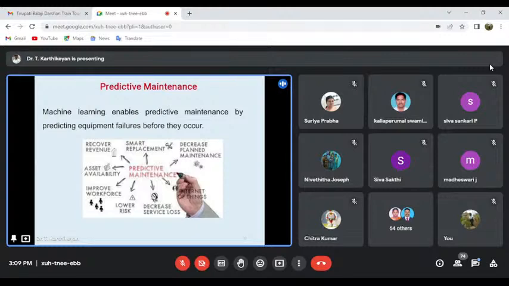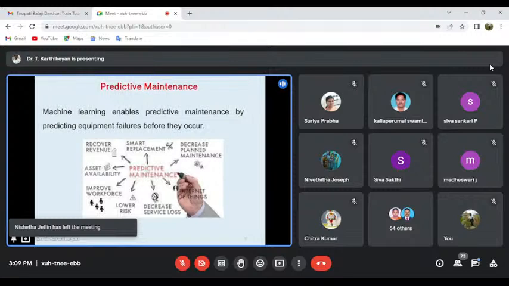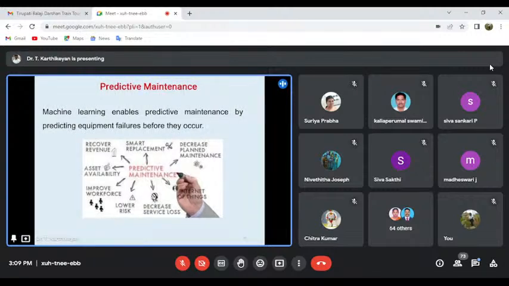It will schedule by itself; we do not need any manual scheduling in this system, and it will not allow unnecessary downtime. For example, when the machines are running, if due to some failure it stops working, there is downtime and manufacturing will be affected. By using this technique, the downtime can be avoided.